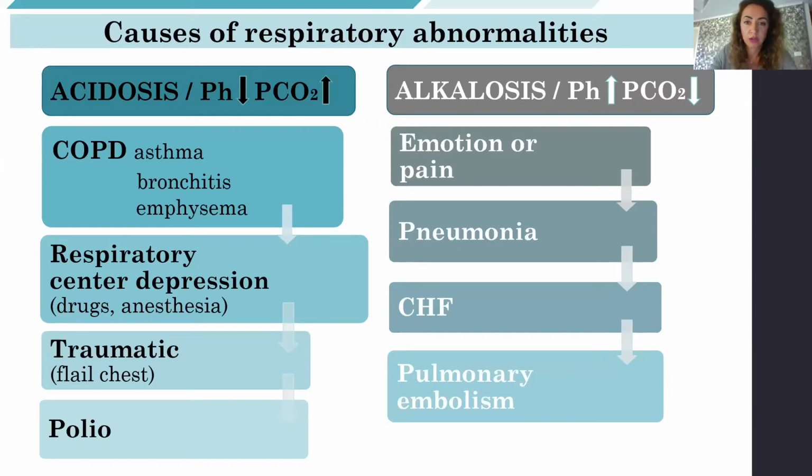Neurological disease, myasthenia gravis, Guillain-Barré. Obviously, this will demand initial ventilator support until the disease is resolved. Alkalosis represents another problem in these patients.